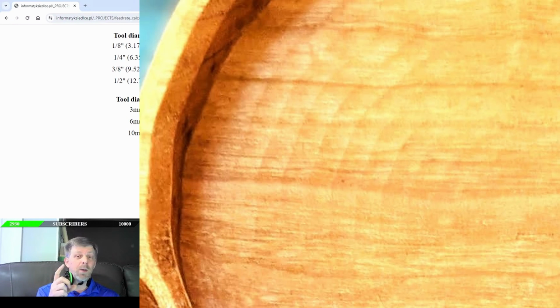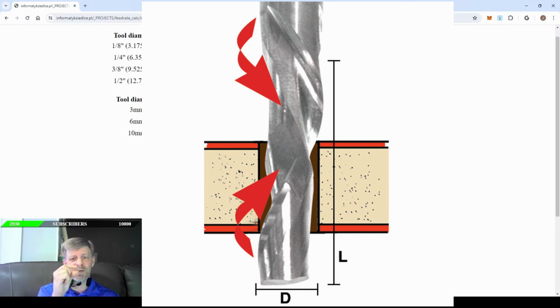Now, a compression bit has a small upcut portion at the bottom of the bit that's giving a clean bottom surface. It's forcing those chips up to the middle of the bit. And then the top of that bit is a downcut portion that forces and shears the chips so that they meet right in the middle of that bit.